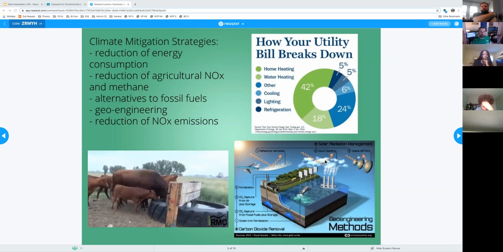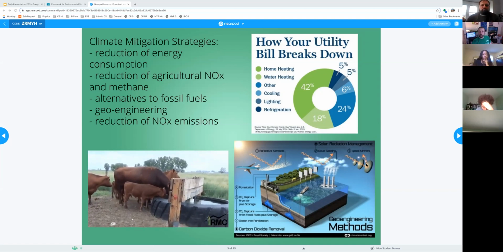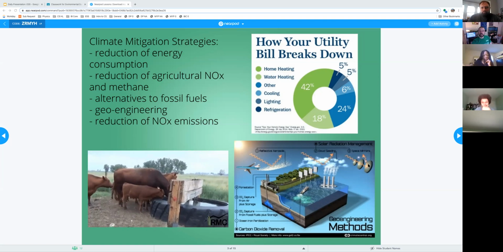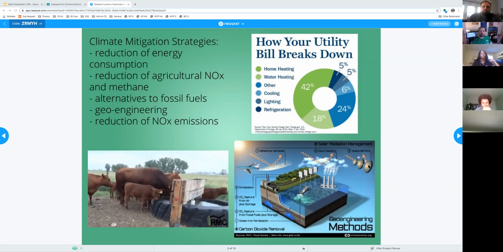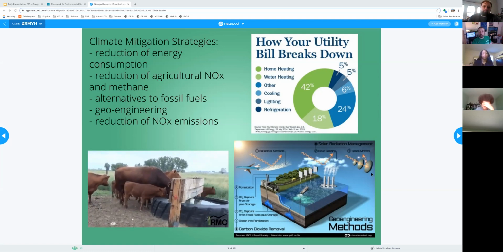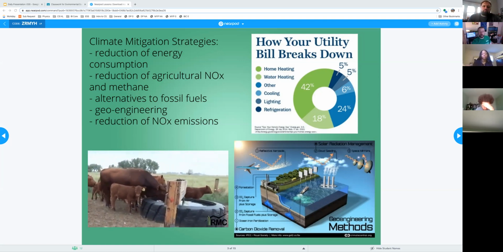Also, putting a foreign object into the atmosphere. Space mirrors, it's a real thing. It would be putting large mirrors into orbit around the Earth and reflecting sunlight back into space.